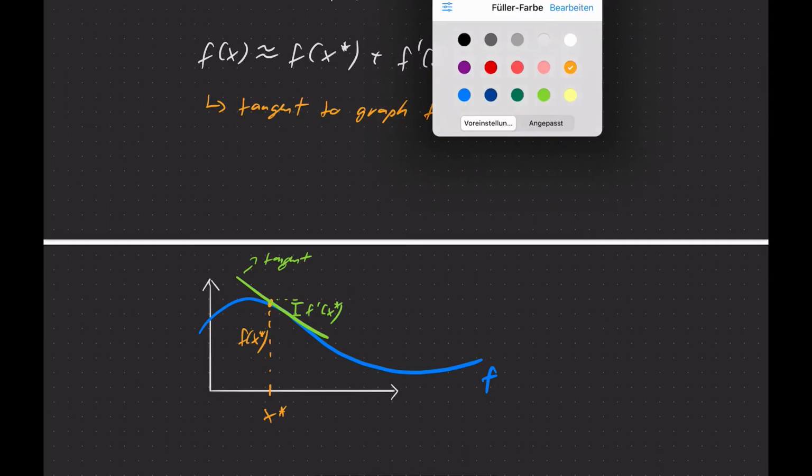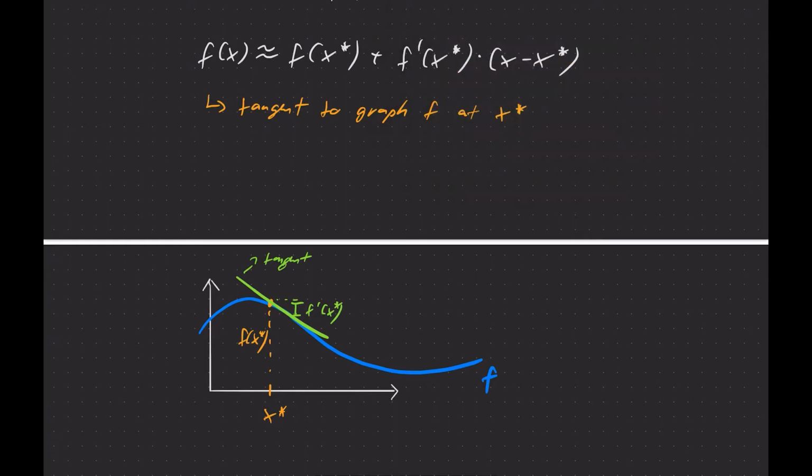Or we could say that the tangent can also be characterized by its outer normal, so by a vector that is perpendicular to the tangent, and then that vector is minus f prime at x star and 1. Okay, so that's the normal vector for the tangent.